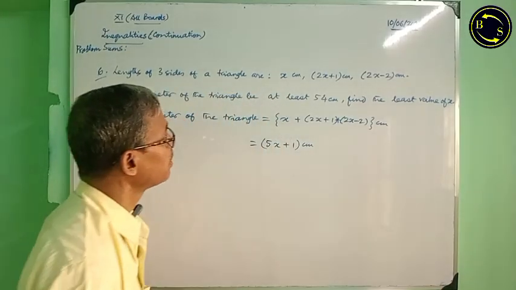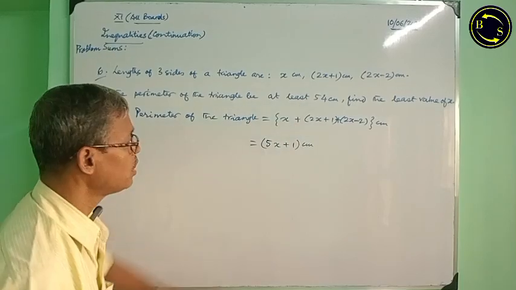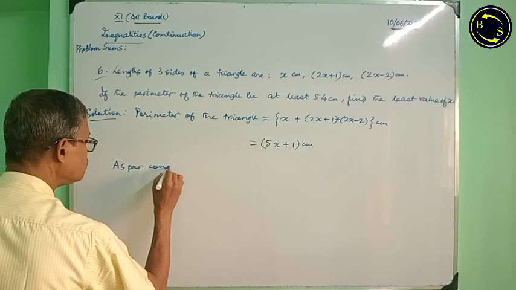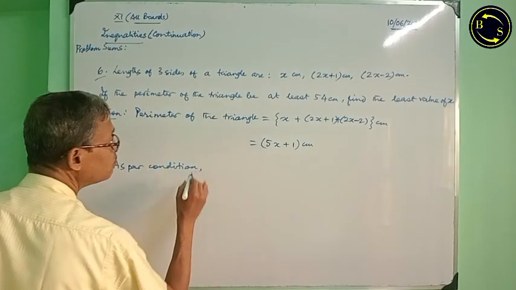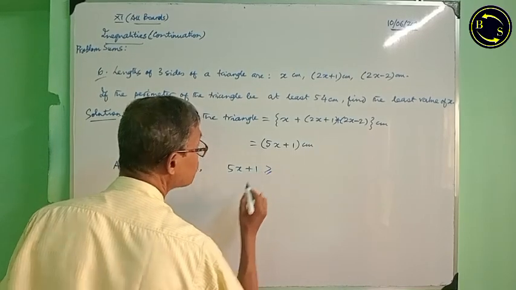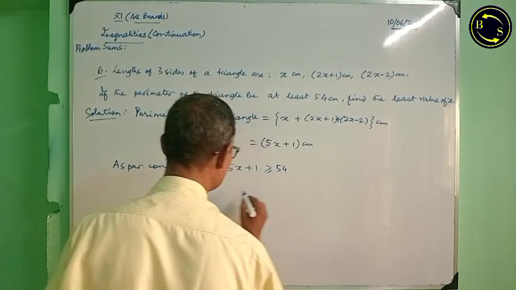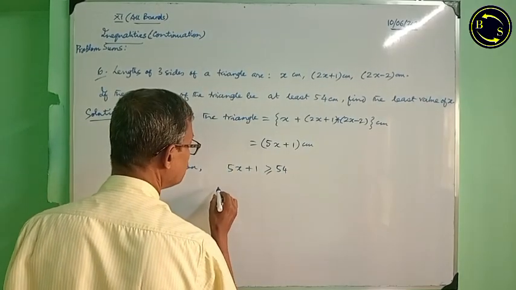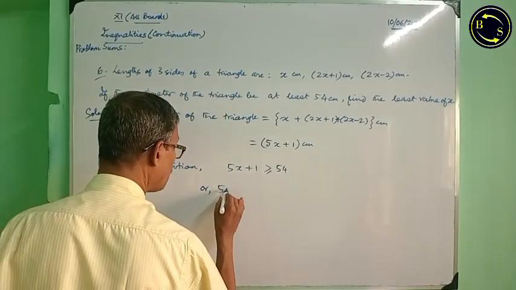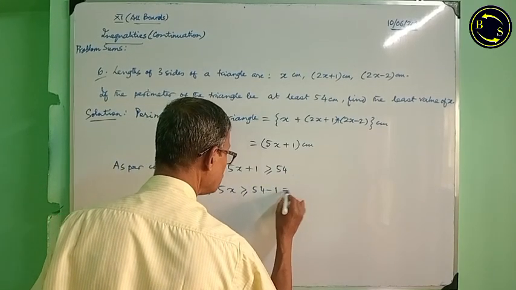And given that the perimeter is at least 54 centimeter, as per condition, 5x plus 1 at least means greater than equal to 54. 5x greater than equal to 54 minus 1, that is 53.